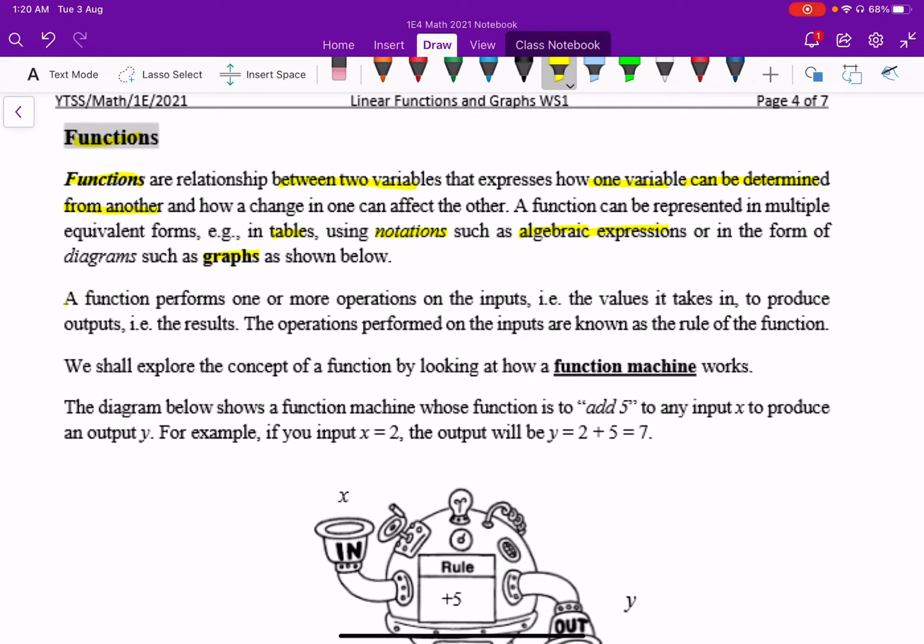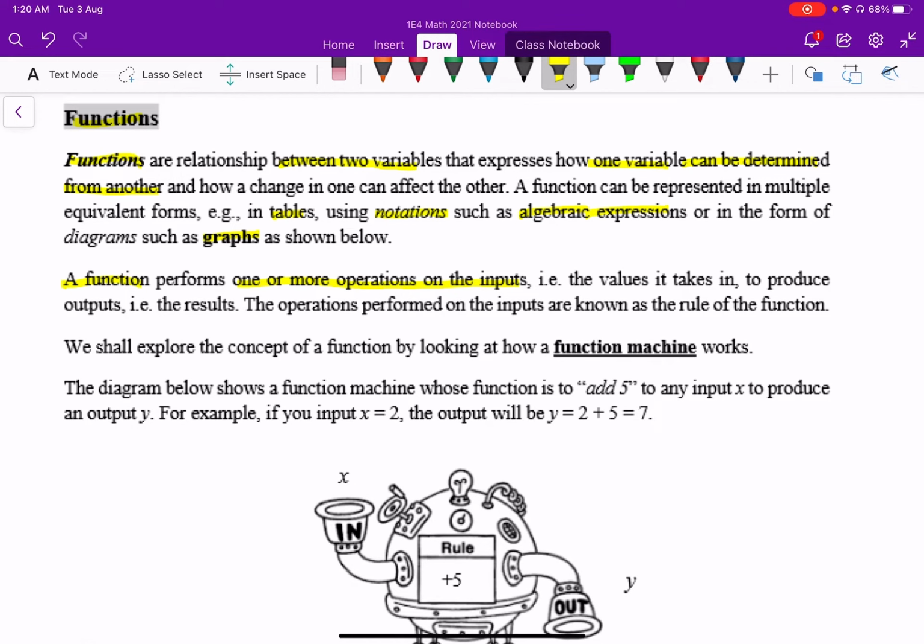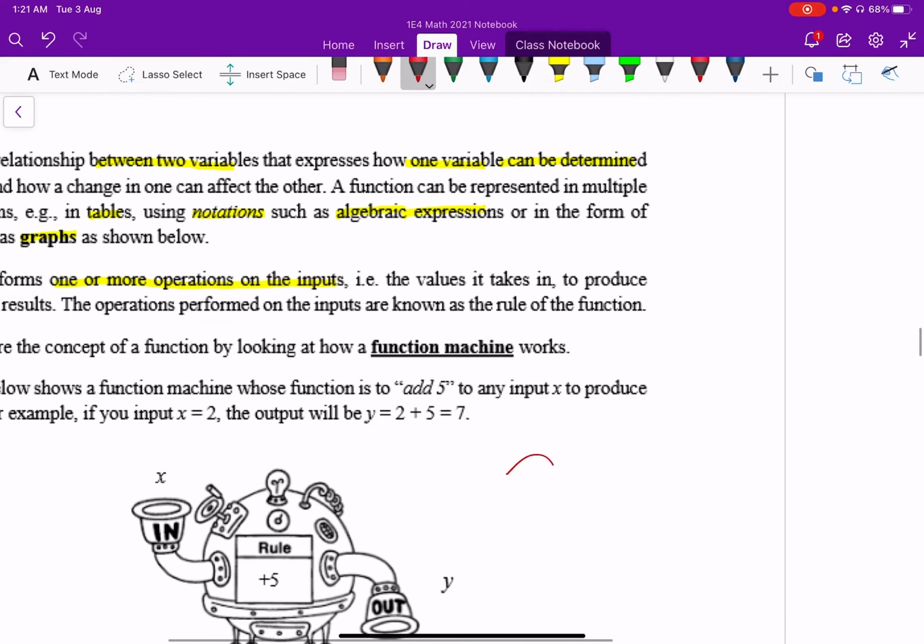The function performs one or more operations on the inputs. For example, you catch a fish and then you put the fish through a factory. Let me draw a fish. Okay, the fish enters the factory.